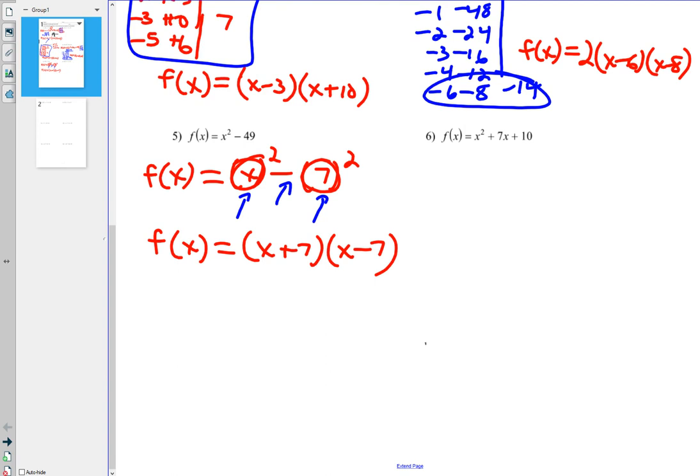Caleb? Good, at negative, way down at -49, and would I be facing up or down? Up, yeah. And because there's no b term there, the b is 0, that -49 would not only be the y-intercept, it would also be the vertex.